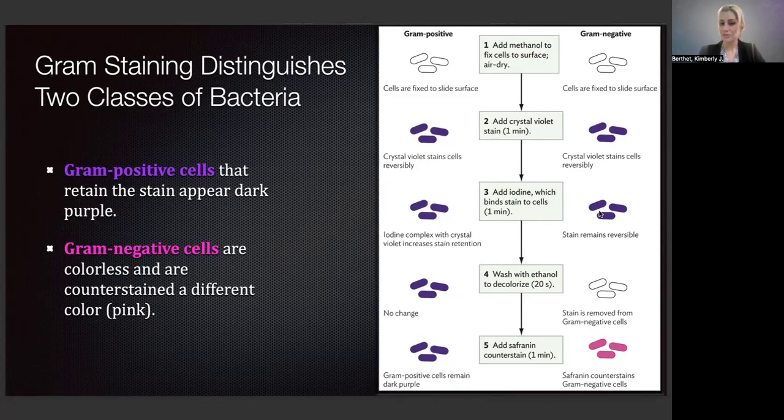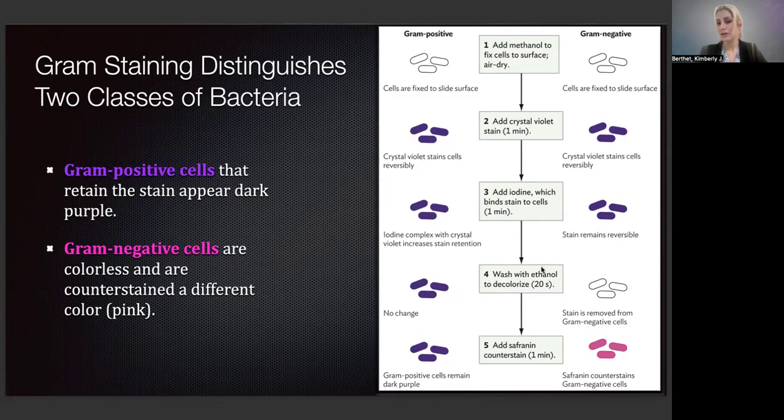The next step is where we start seeing differentiation between our gram-negative and gram-positive cells. So we go ahead and wash our sample with ethanol. Ethanol is what we call a decolorizer. So it decolorizes the sample. It pulls out the pigmentation. Here we can see that in the gram-positive cell, the ethanol does not decolorize the sample, but on the gram-negative, we go back to the original pigmentation, which is that clear pigmentation that we saw.